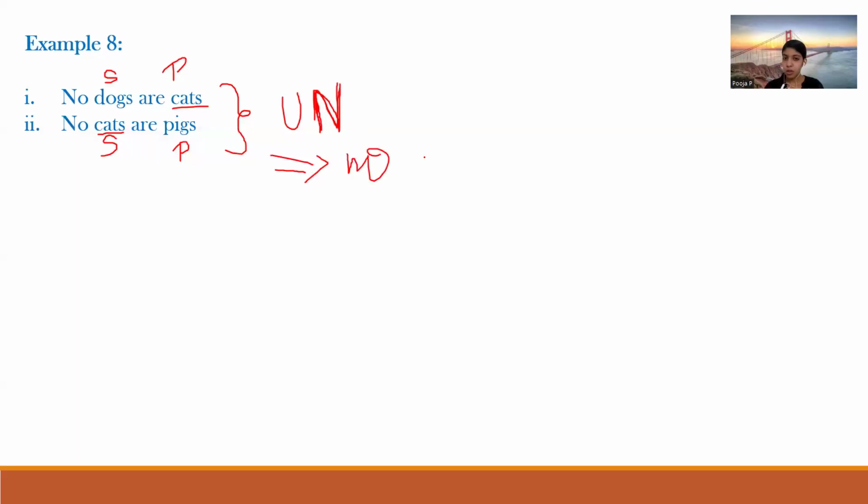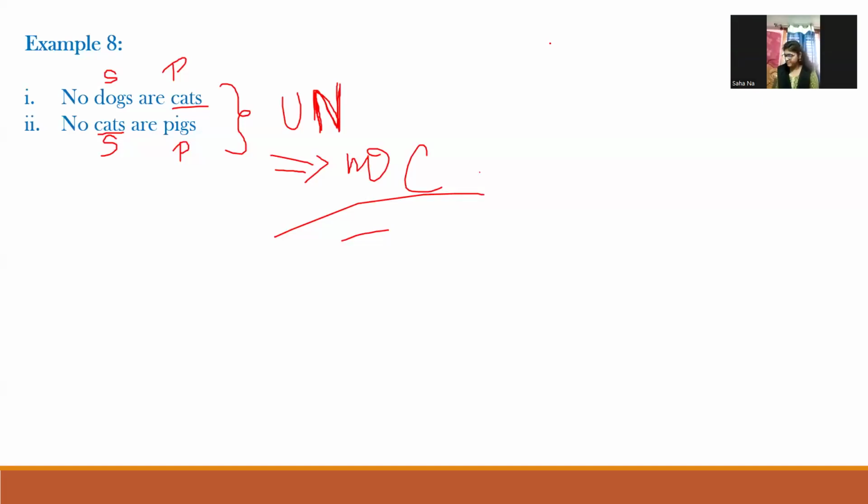You don't have to worry in this case about what the subject and predicate are, or whether they are distributed in the conclusion. Are all of you clear why we are not able to draw any conclusion from these premises? Yes, ma'am. Okay, let's move to the next example.